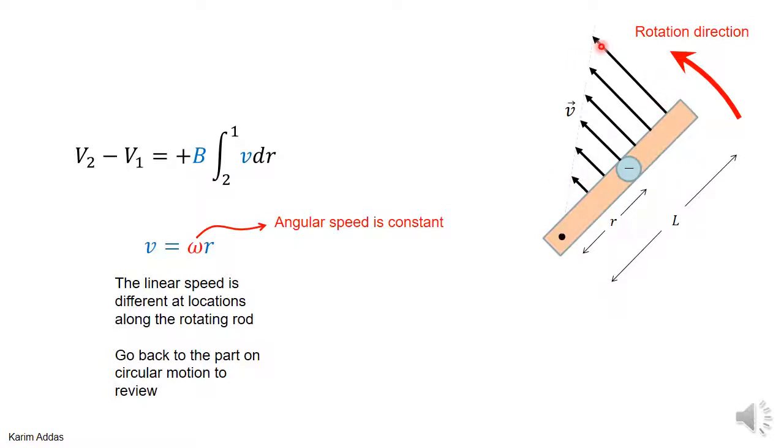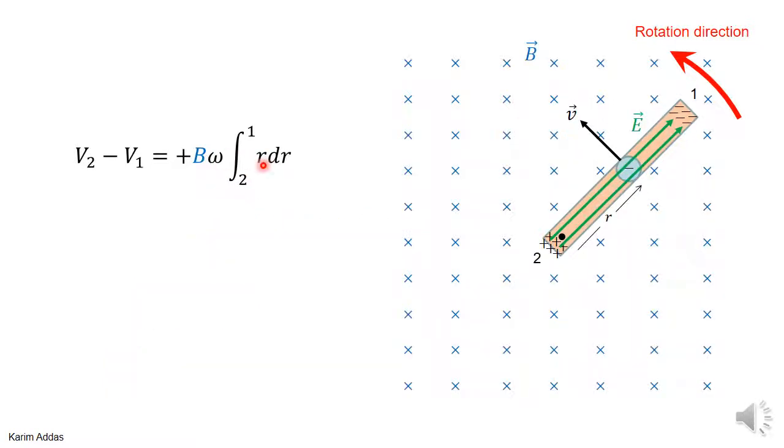So the linear speed is larger when you go further away. I can substitute v by omega times r. Omega is constant, but r is not, so omega and B go outside and you integrate r dr. The integral of r dr is r squared over 2. Substituting the upper and lower limits, the answer is one half omega B L squared. That's the potential difference between the ends of the rod.